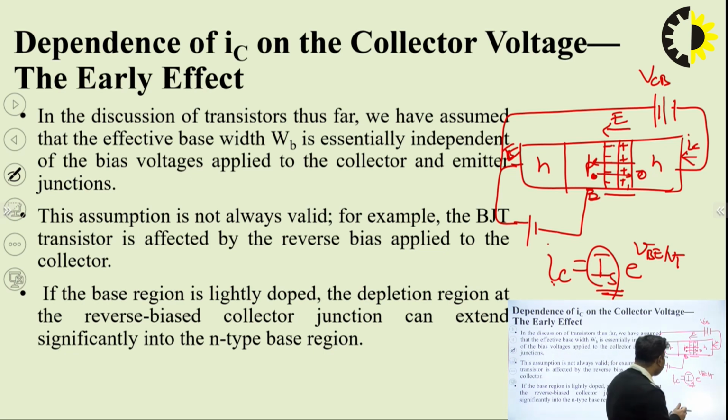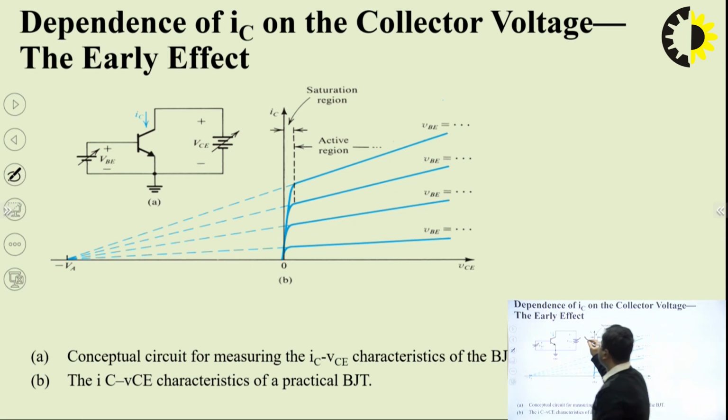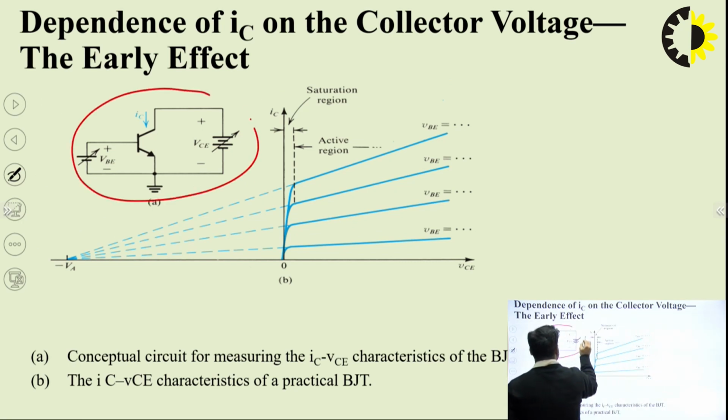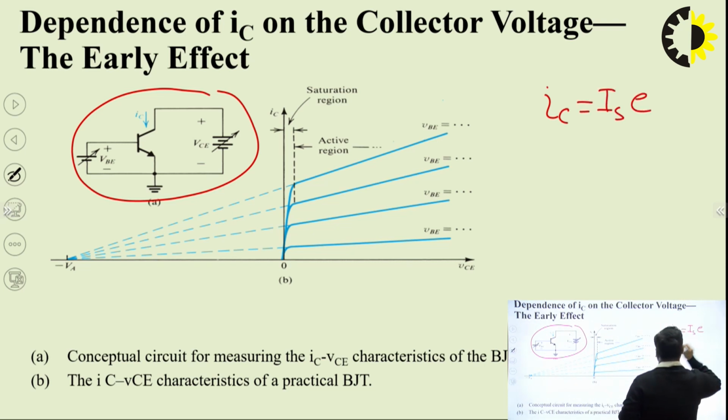In common emitter configuration, which is shown in the diagram, if we set VB constant and vary only VC, I am again writing the equation IC equal to IS e to the power VB by VT.